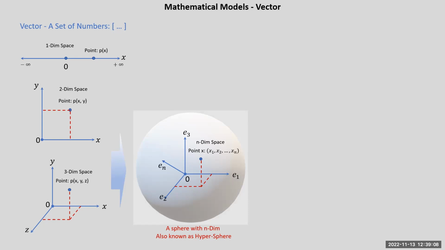However, mathematically, one can imagine an n-dimension coordinate system having coordinates where if you pick up any two coordinates, they will be orthogonal to each other. That is, the angle between any two coordinates is 90 degrees.